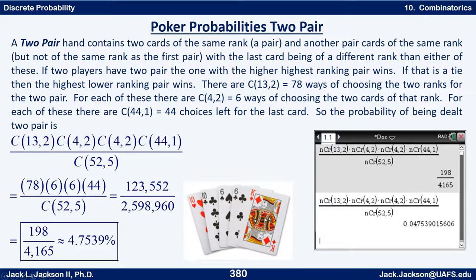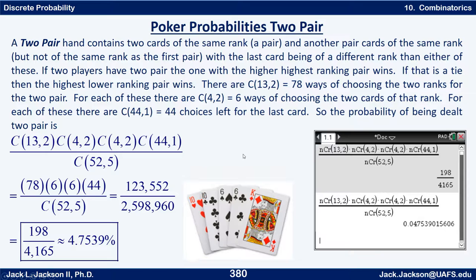Then that leaves the final card. Well, we've eliminated, in this case, the last card couldn't be a 10 or a 6, because then you'd get a full house, which we don't want the 2 pair to include. So what does that leave? Well, you've eliminated actually 8 cards.